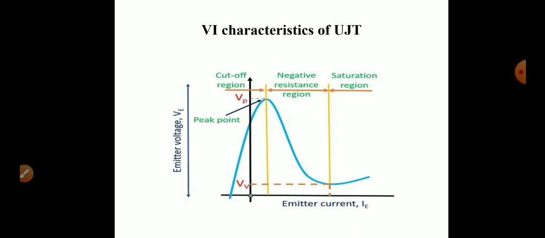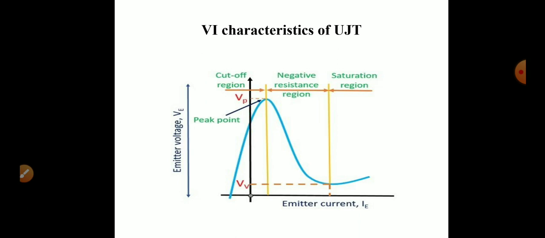Due to the decrease in resistance, conductivity increases, which means emitter current increases. So in the negative resistance region, resistance decreases, voltage decreases, and emitter current increases. Up to a point the resistance decreases. That point is called the valley point, and VV is the valley voltage. When we reach the valley voltage, the voltage again starts increasing. This is the VI characteristics of the UJT.